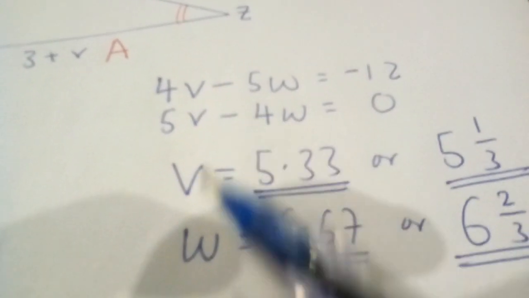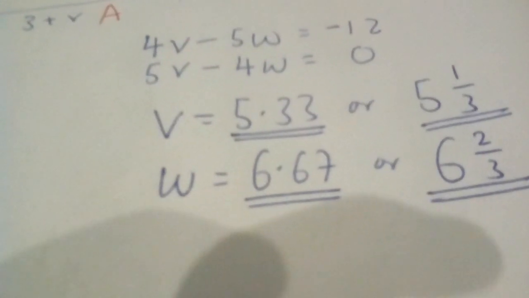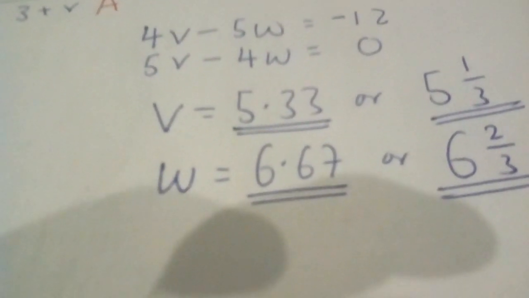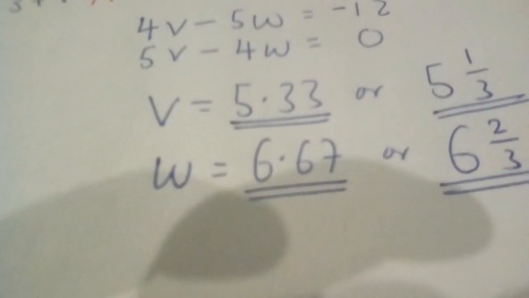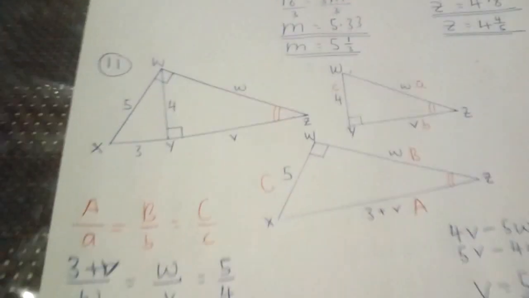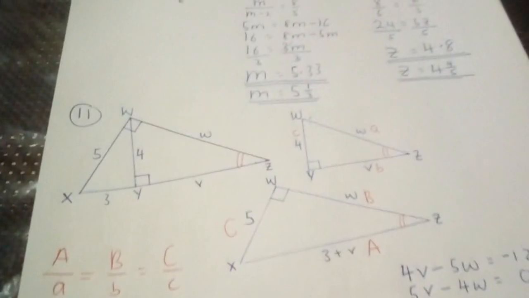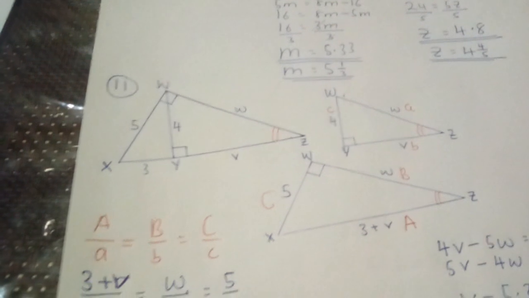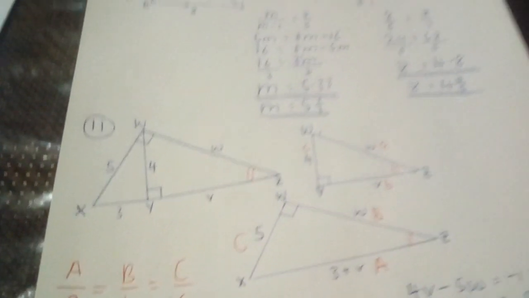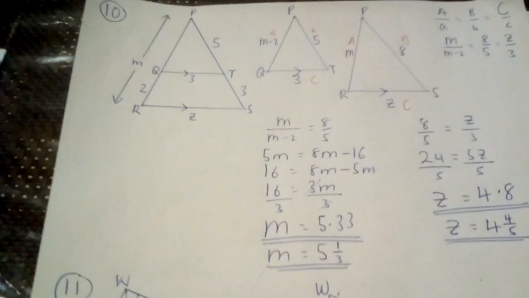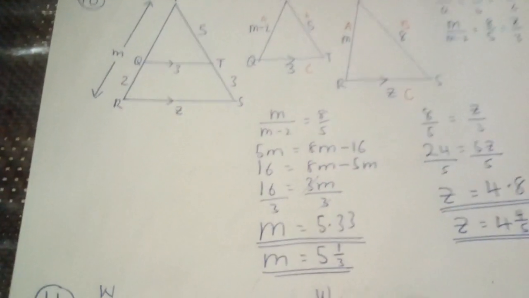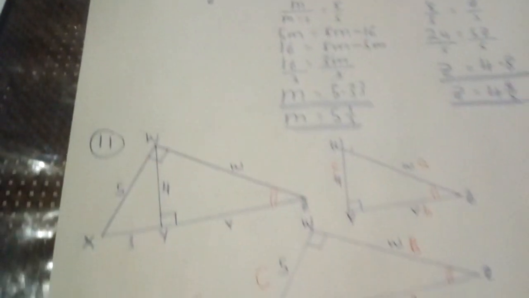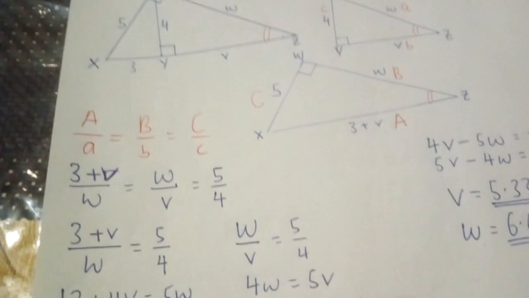So you go ahead and solve using elimination method, then you get the value of W and the value of V. Hope you have understood this simple explanation of similarity of triangles, but considering parallel sides or angle positioning.